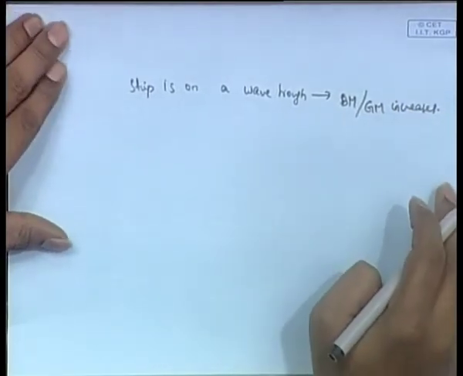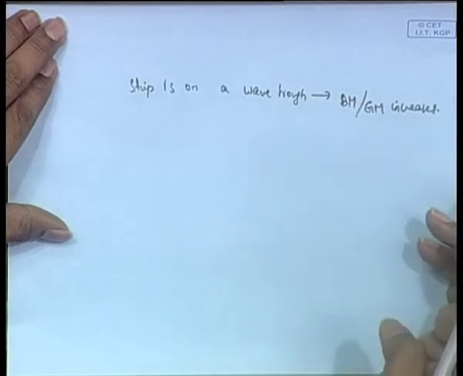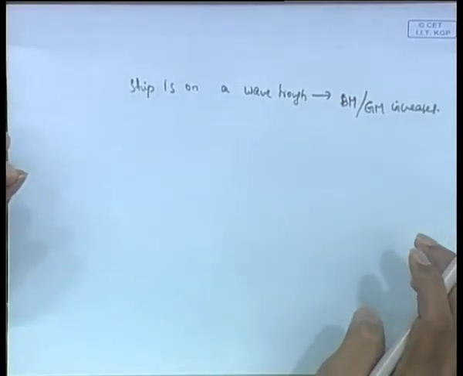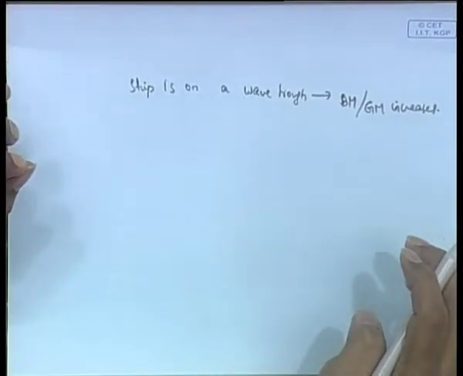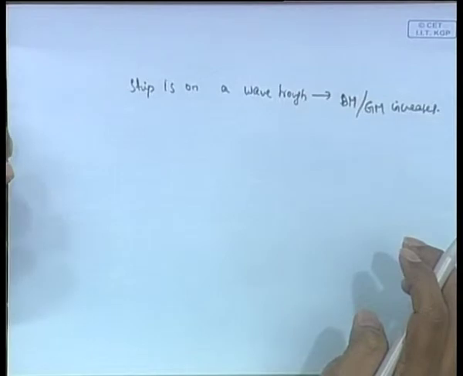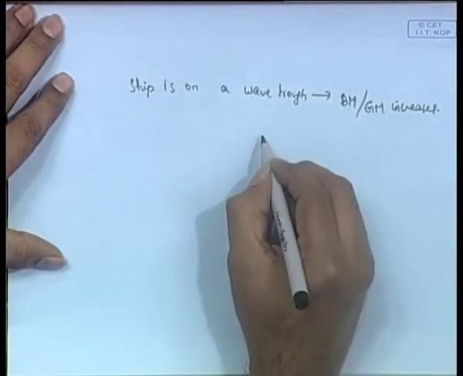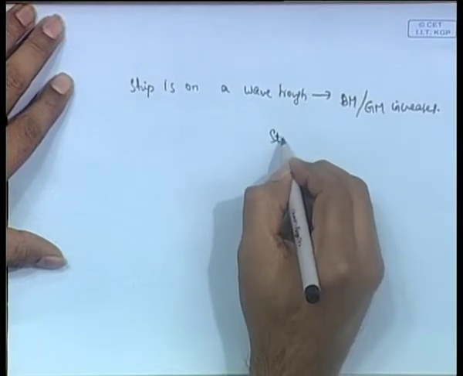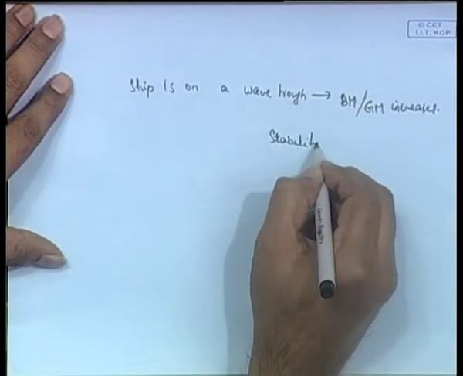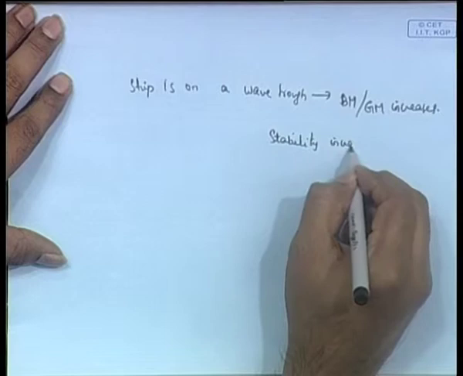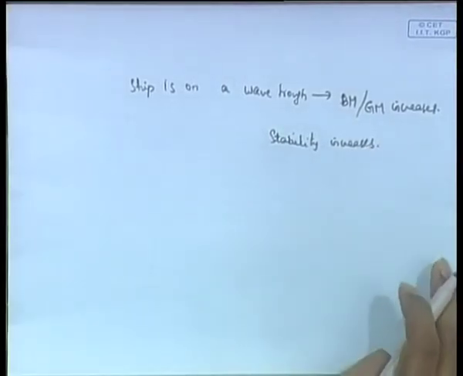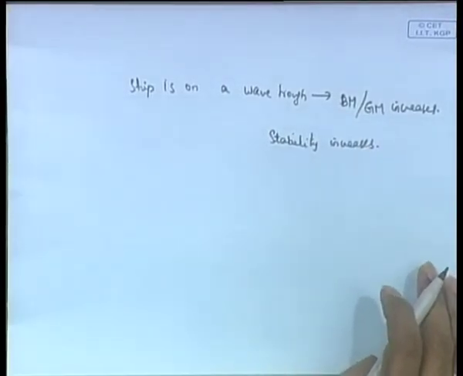So, the metacentric height increases mostly because, of course, there is a shift in B down and there is an increase in M up. So, because of that the BM increases and consequently GM increases. Now, therefore, the stability increases. Therefore, the stability of the ship increases.